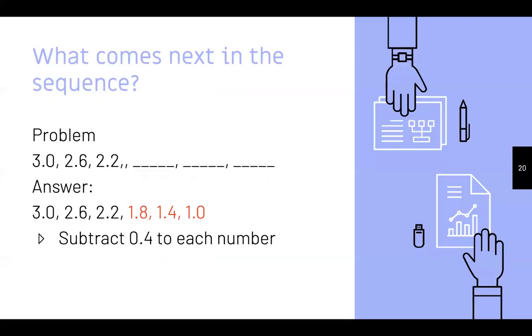What comes next in the sequence? Another problem. I gave you the answer here, except what we're doing is we're subtracting 0.4 from each number. And how can I see that? Well, I can do 3.0 minus 2.6, and that equals 0.4.